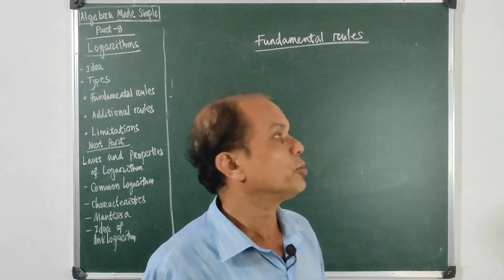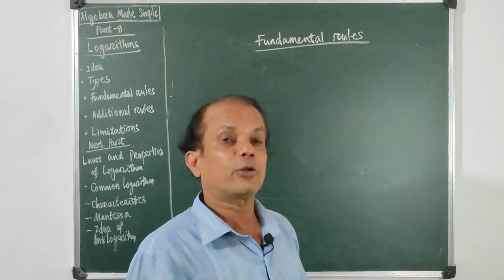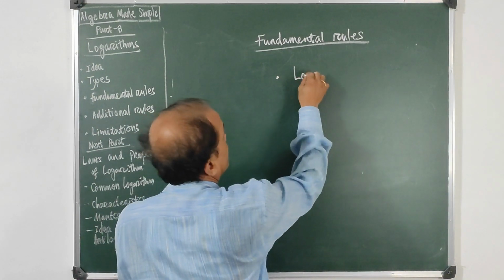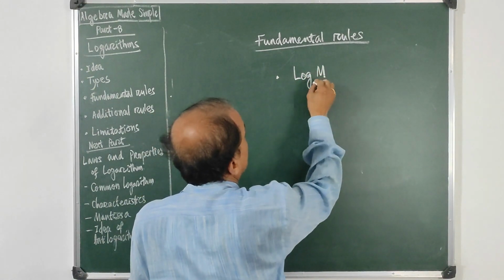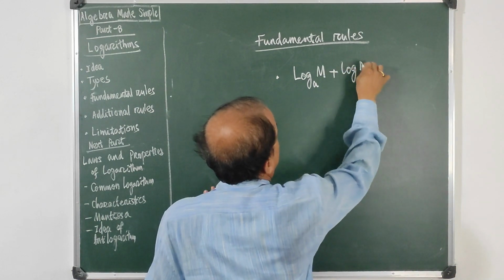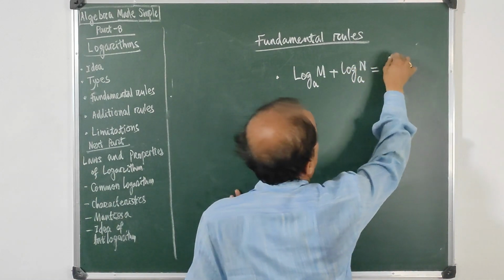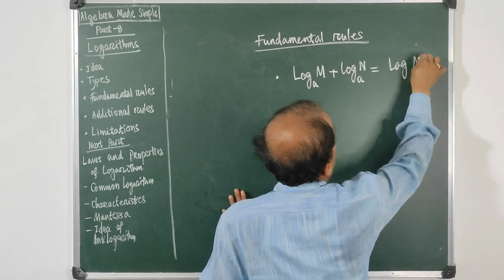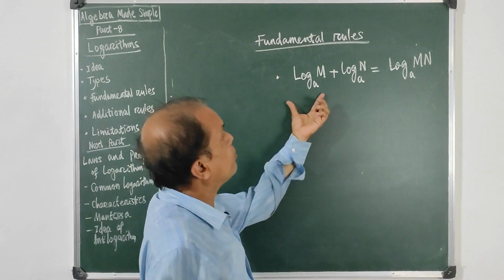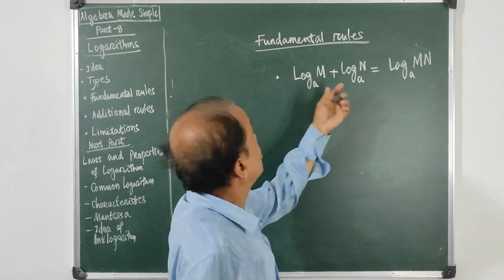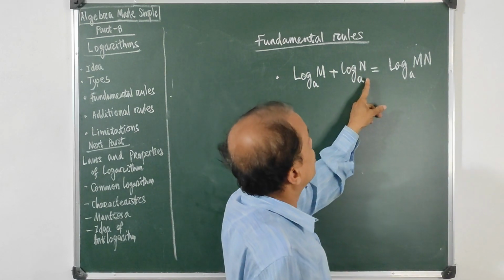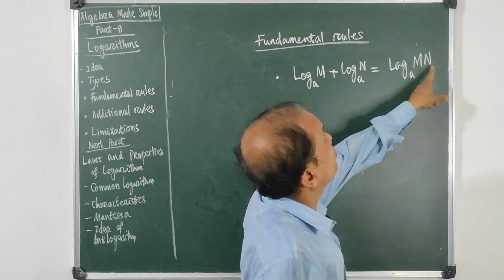And now we are going to prove these fundamental rules. What are the rules? First rule is log m to the base a plus log n to the base a is log mn to the base a. What does this mean? Sum of two logarithms, the sum of the logarithm of a number and another number, is the logarithm of the product.